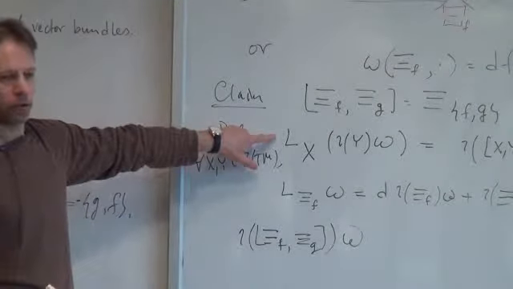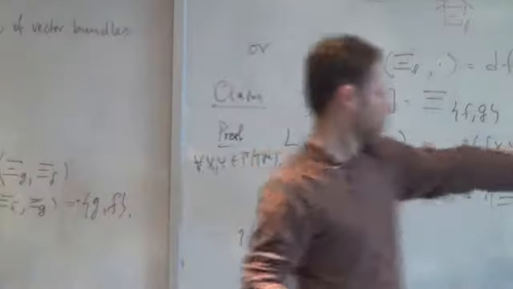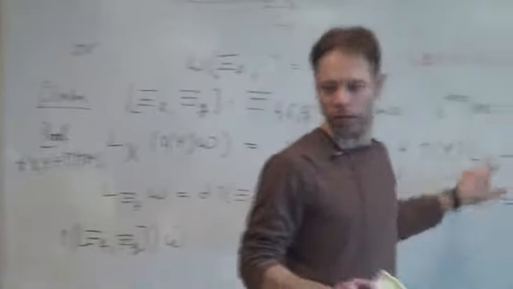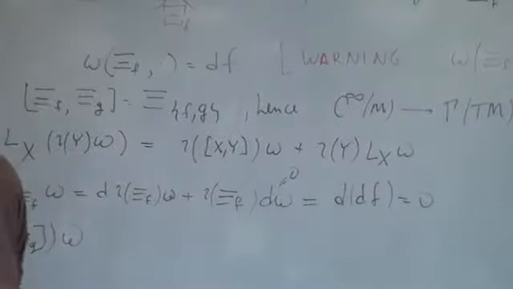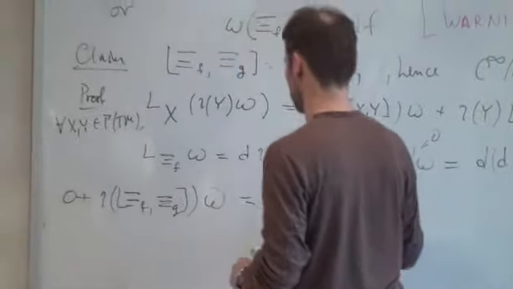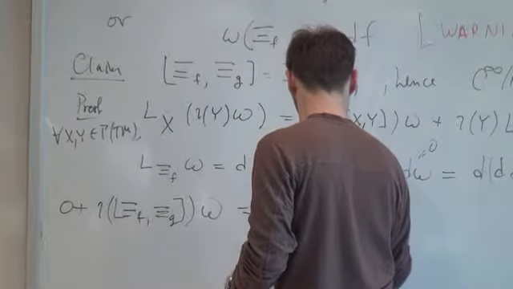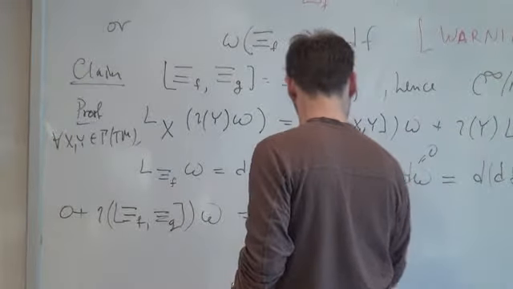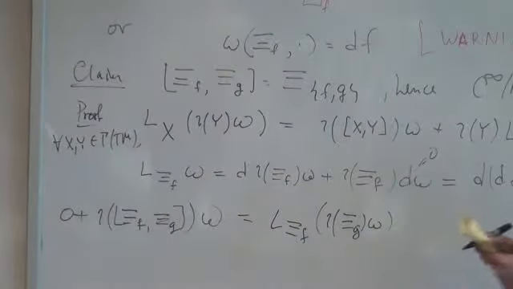Then this equation still holds. This piece is not there, right? So maybe I should write 0 plus this. This is the Lie derivative of the Hamiltonian vector field of the contraction, right?